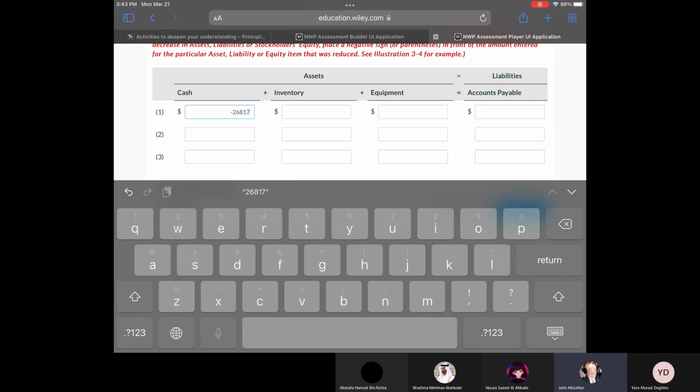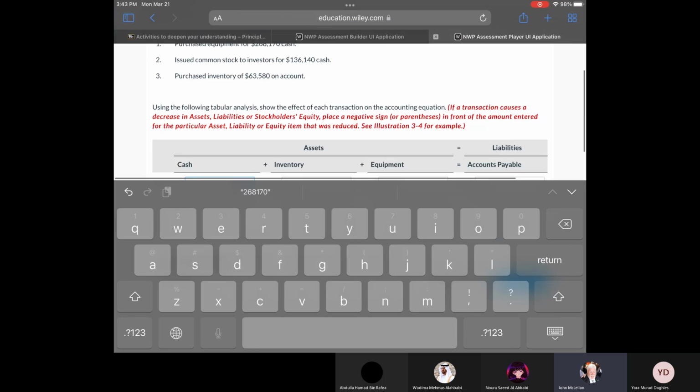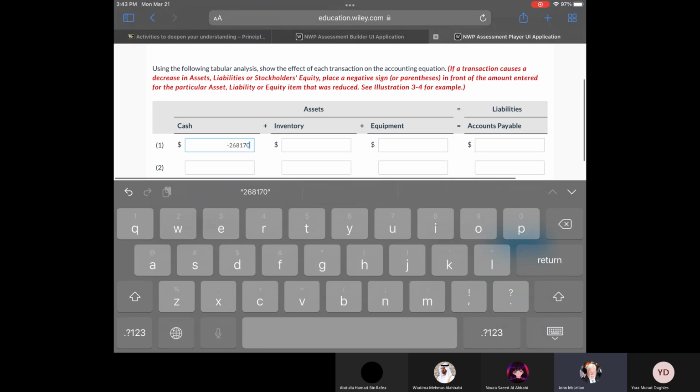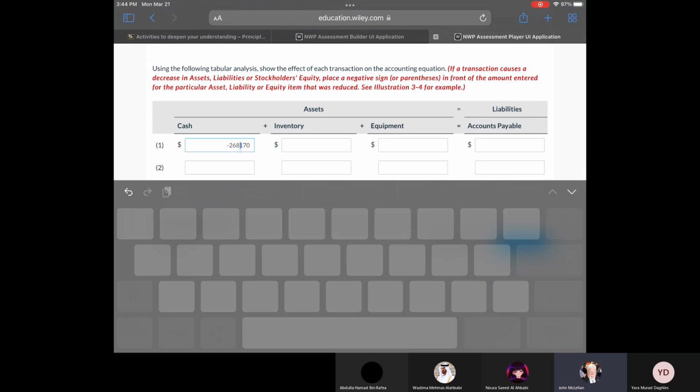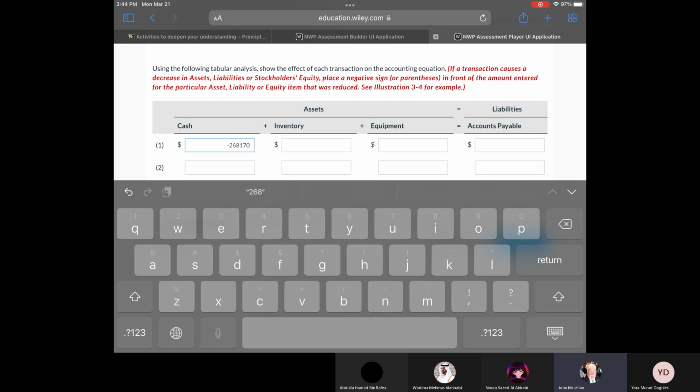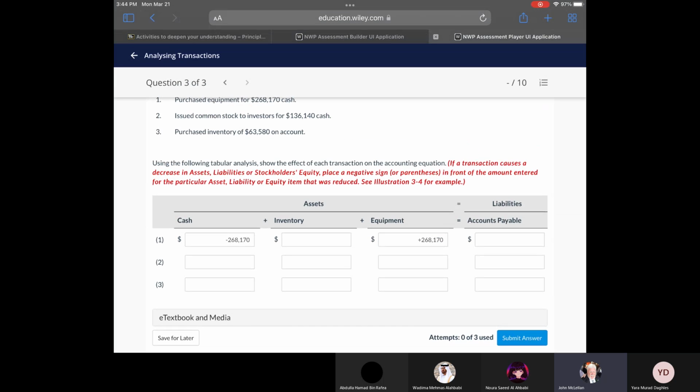No, did I say on account? No. I paid cash. Negative cash. Right. Equipment will increase. Now become accustomed to this because this is what we do. In journal, we record business transactions.